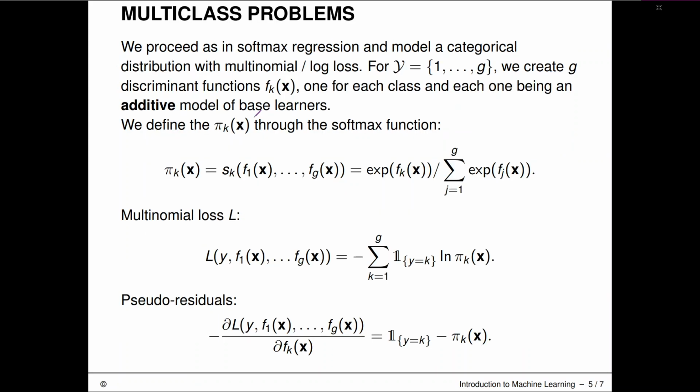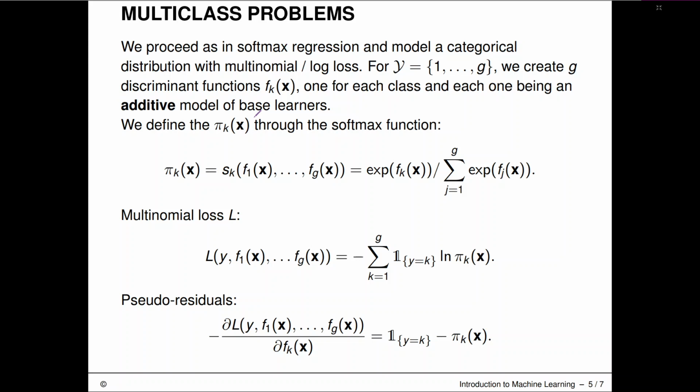Now, how do we handle multi-class problems here? This is unfortunately a little bit more difficult. Certain things stay the same, so we still have to compute pseudo-residual functions and so on, but unfortunately we now have to extend the algorithm a bit. So instead of fitting one model, one scoring function, we now fit multiple ones.